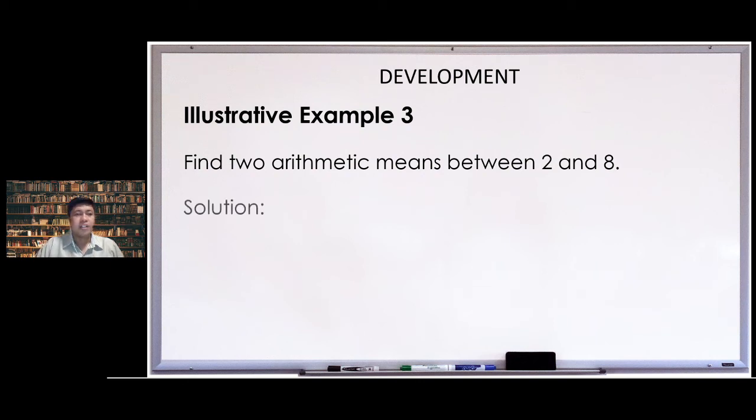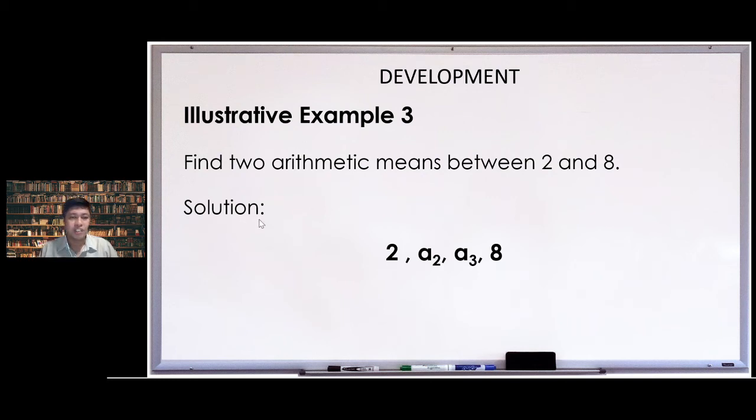Now for the solution, we must be able to clarify how many terms are there to be inserted between 2 and 8. So it's clear that we need to insert two arithmetic means.